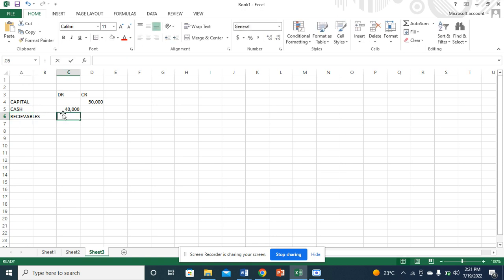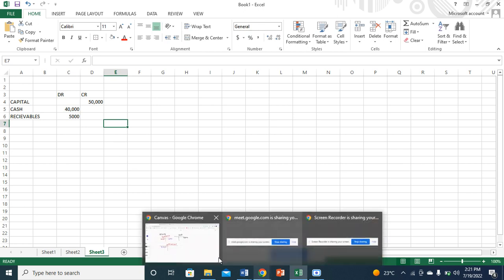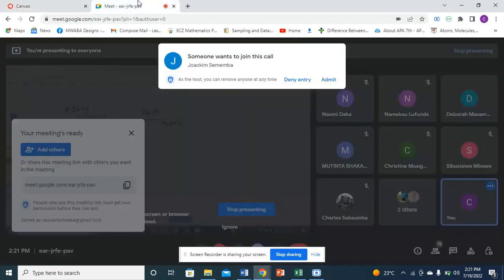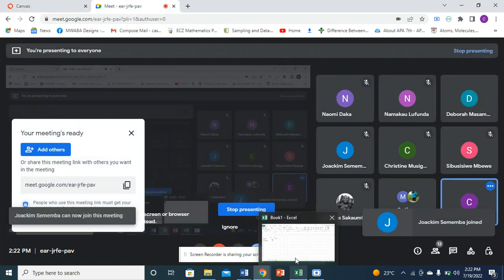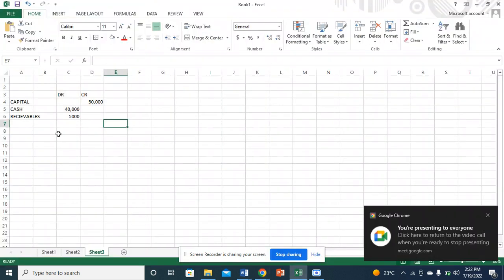Receivables 5,000. So let's say you have a small trial balance here.